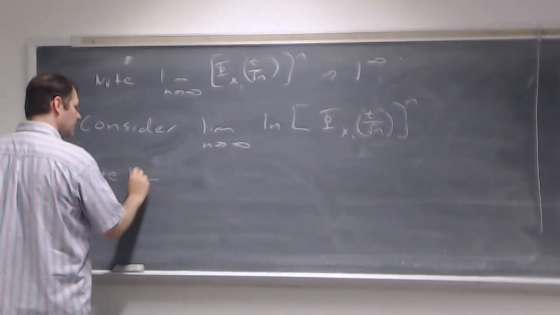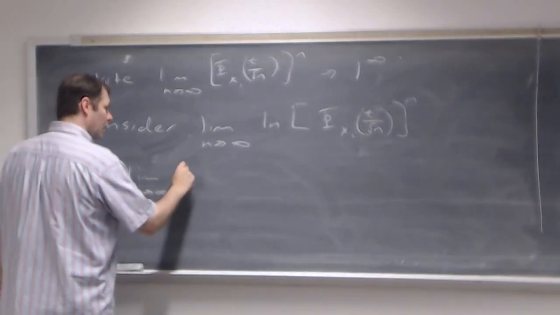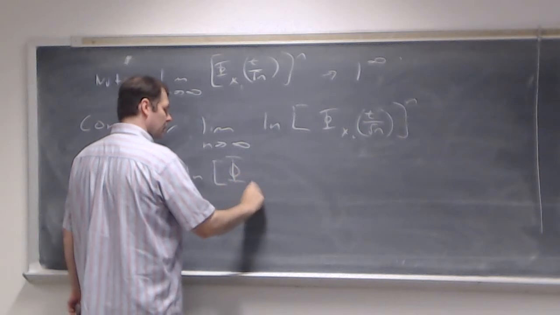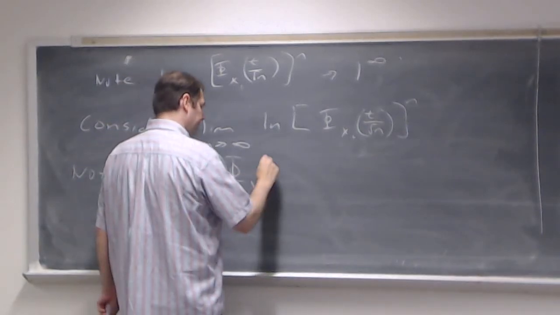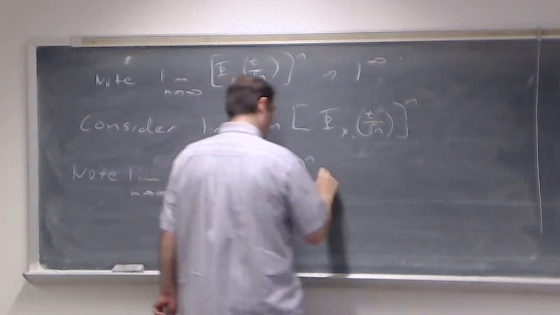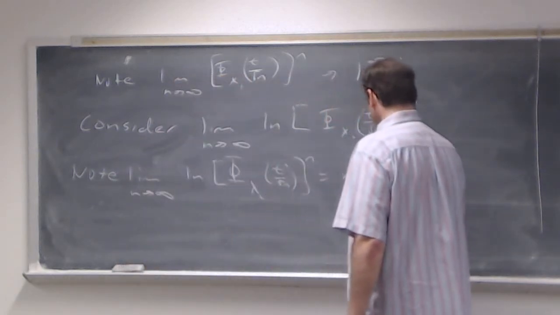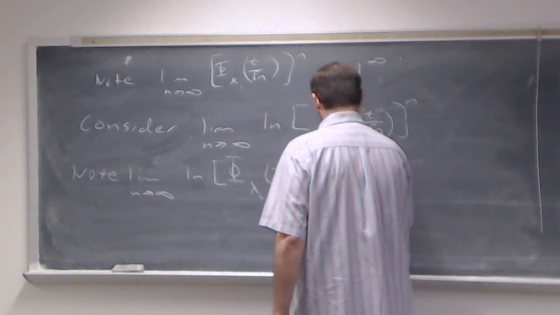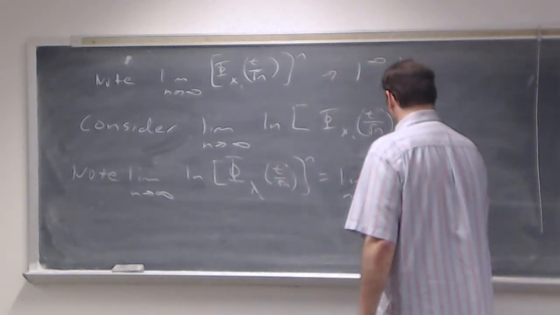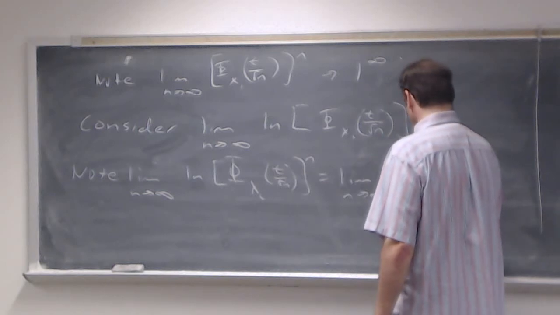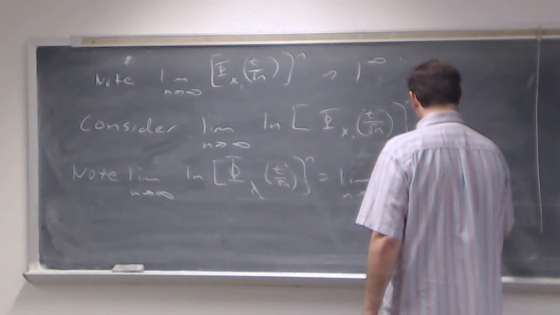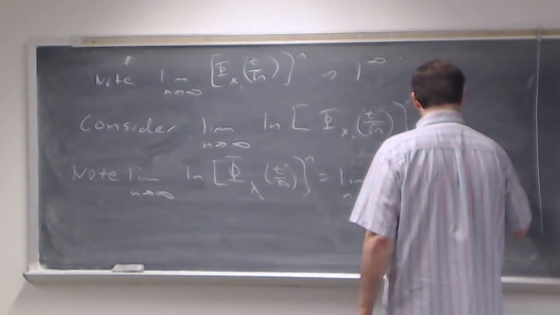Note, the limit as n goes to infinity of ln of phi sub x sub i of t over the square root of n raised to n is equal to the limit as n goes to infinity of n times ln of phi sub x sub i of t over the square root of n.